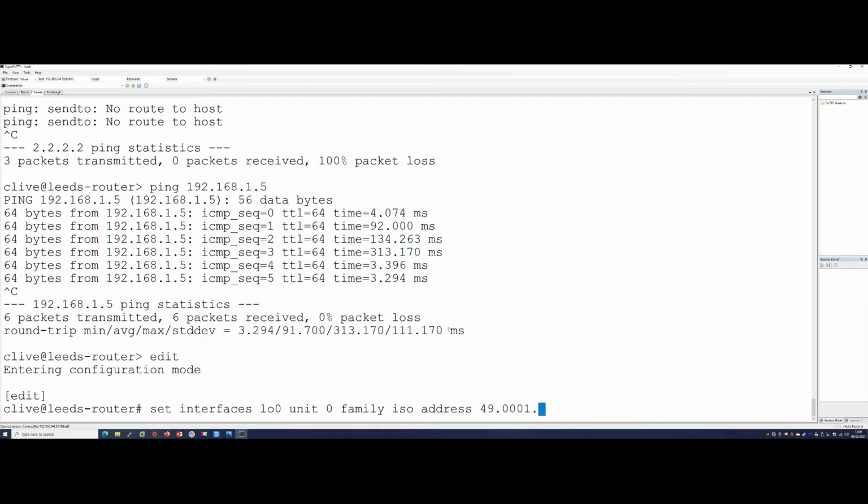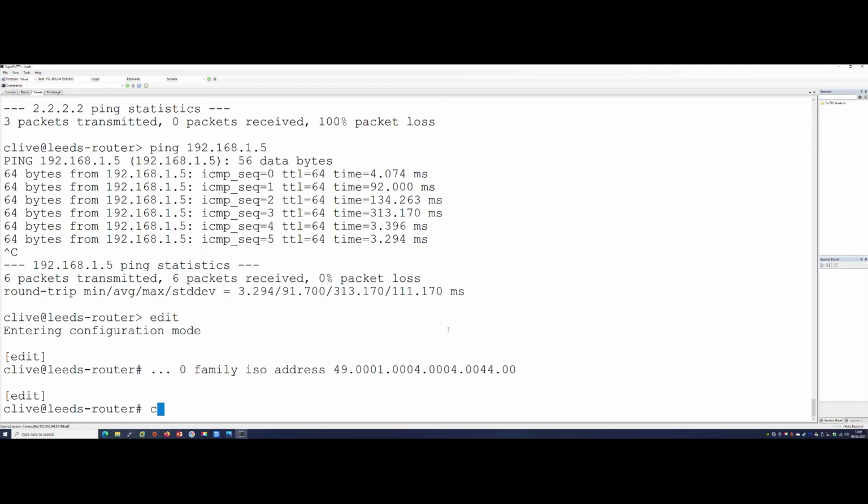Now the next three sets of 4 digits, we're going to utilize a unique address for this system again of the loopback address. So this time it's 1, 2, 3, and because we're using 4444 and 00 on the end to indicate this node. So we'll commit that one.